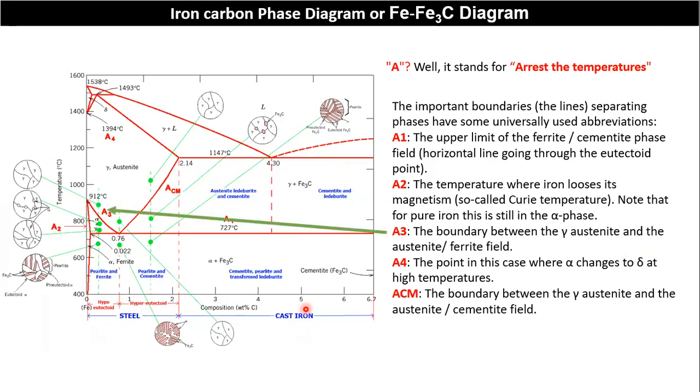A3 is also between 727 degrees and a maximum of 1394 degrees centigrade, but at 1130 degrees centigrade the eutectic point will be generated. Now A4 is maintained between 1349 and 1394 degrees centigrade. Now ACM is between 1130 degrees centigrade and 727 degrees centigrade.